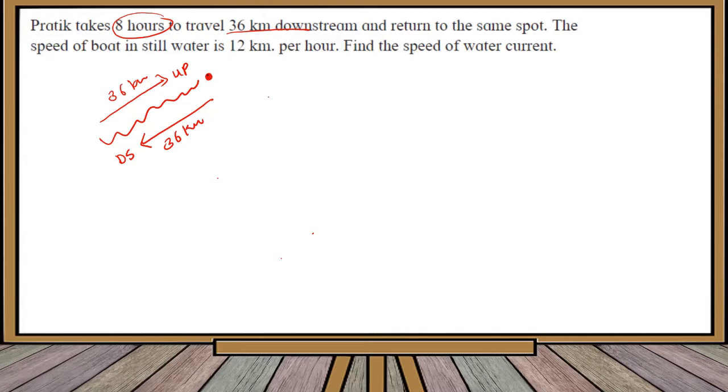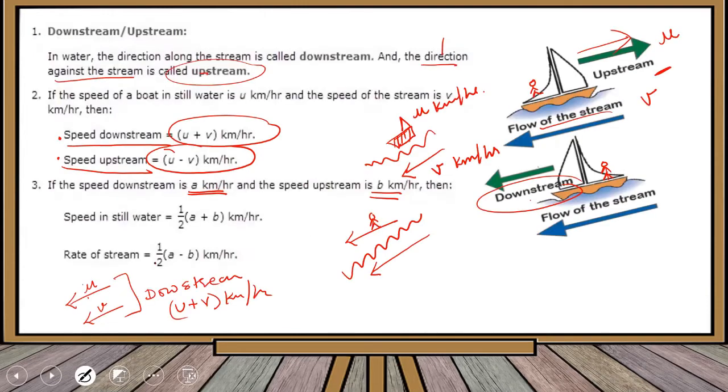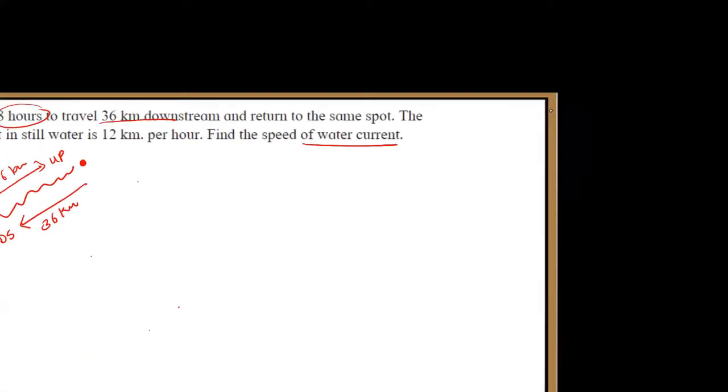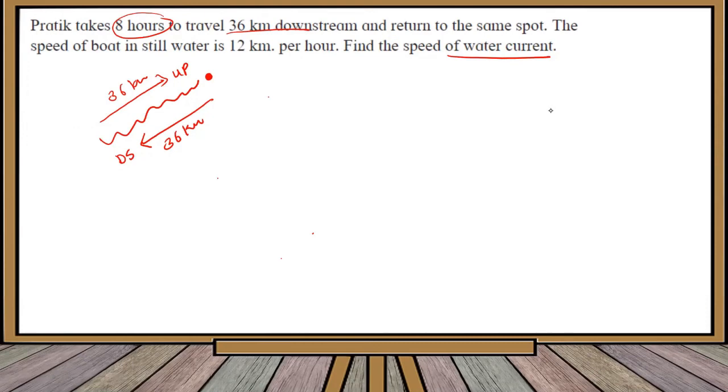Now the speed of the boat in still water is 12 kilometers per hour. So we need to find the speed of the water current. Whatever is asked, that is your x.